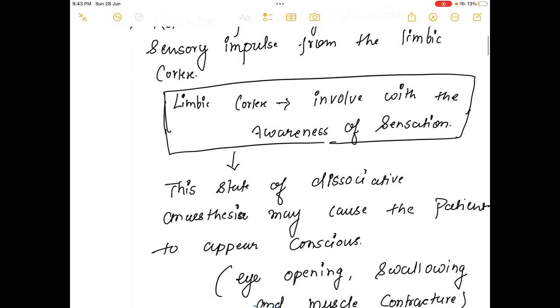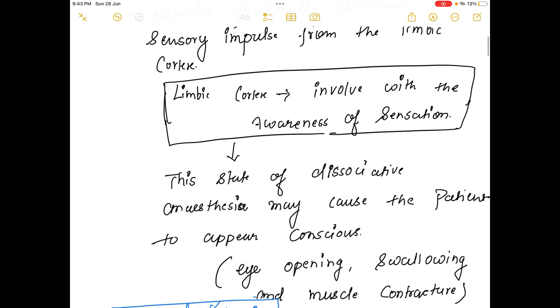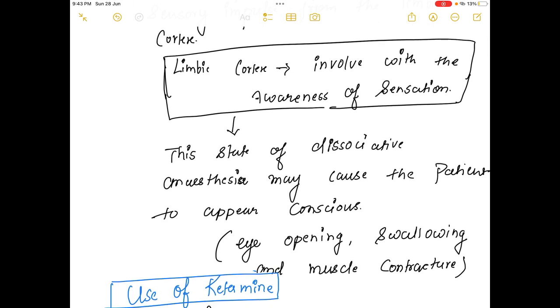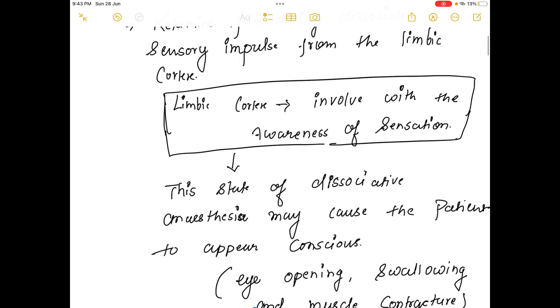This state of dissociative anesthesia may cause the patient to appear conscious. The patient is able to open the eyes, swallow, and contract the facial muscles. The limbic cortex is involved with the awareness of sensation.